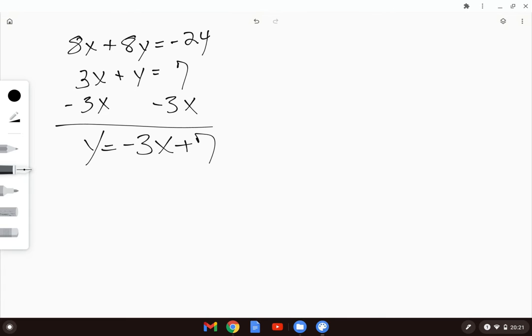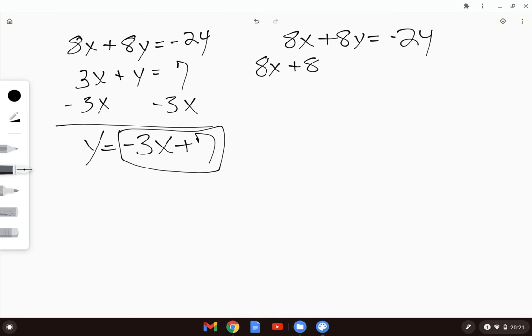Now I can use this expression, which is the value of y, and substitute it back into the other equation. This goes back to what we were doing yesterday. So I'm going to take 8x plus 8, and substitute the negative 3x plus 7 in for the y, and all of that is going to equal negative 24.